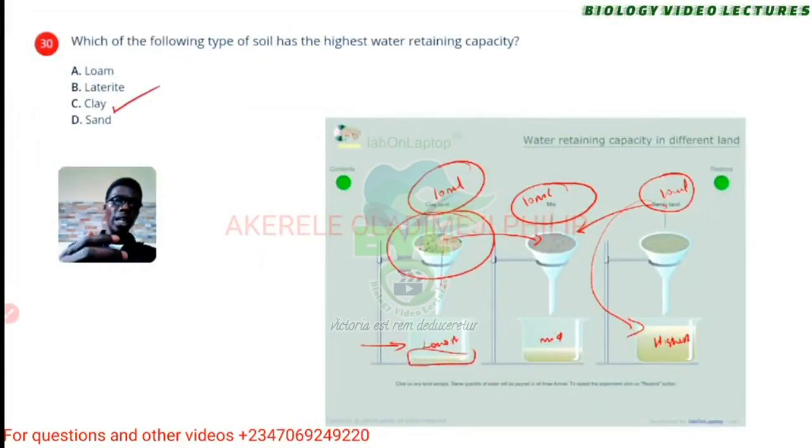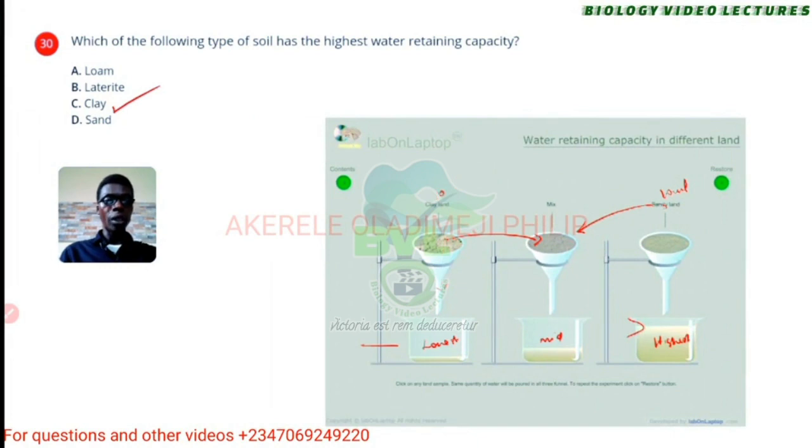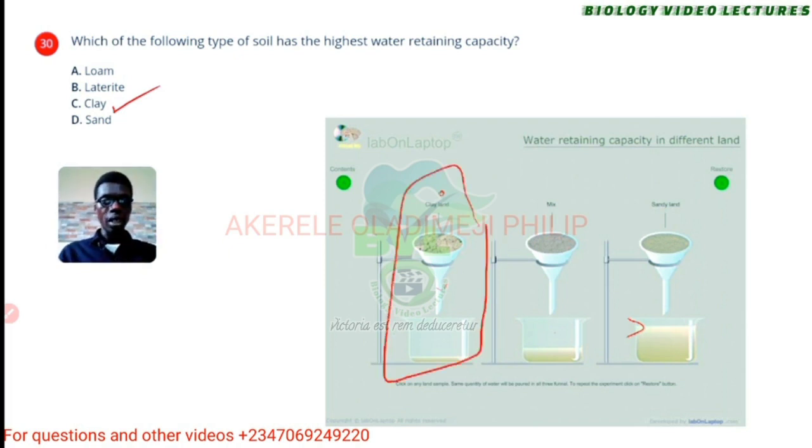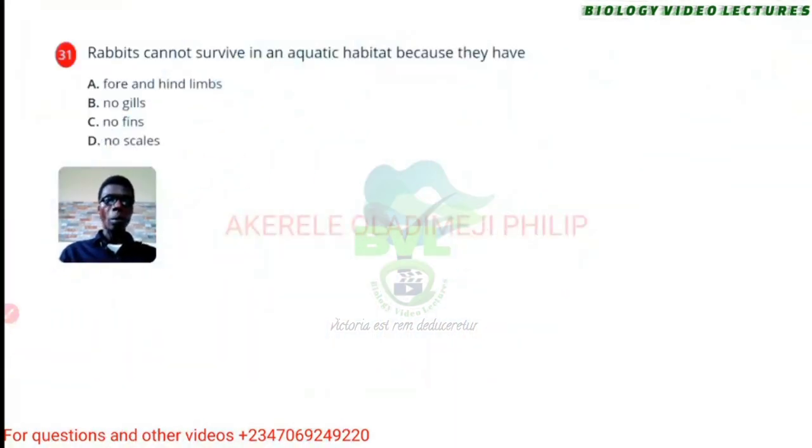And the reason is because here in the clay soil, the particles of soil are tightly held together. That's why it prevents water from passing through easily and causes little ones to be collected there like that. Now, rabbits cannot survive in an aquatic habitat because they have no gills.